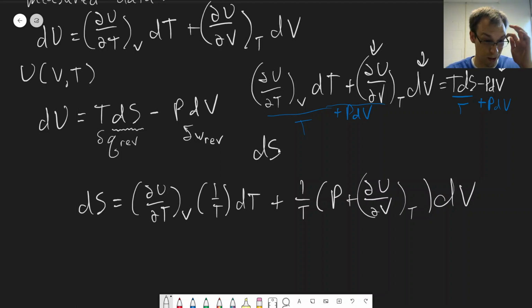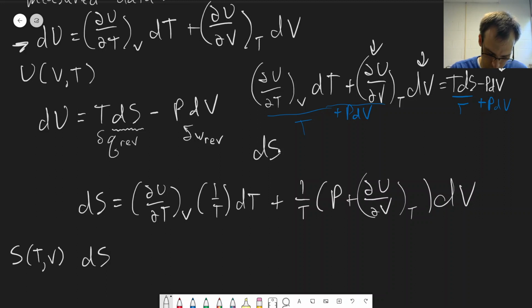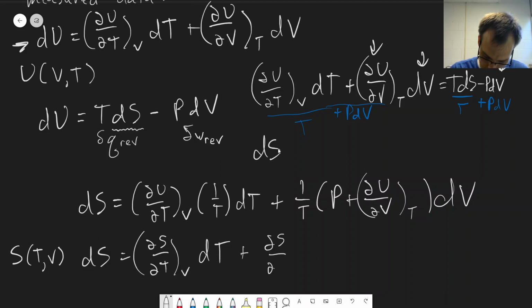This may not seem very useful, but we can do the same thing as we did with dU, where we wrote out the total differential. We can do the same thing for dS. If S is a function of temperature and volume, we can say dS is equal to (∂S/∂T) at constant V dT plus (∂S/∂V) at constant T dV.